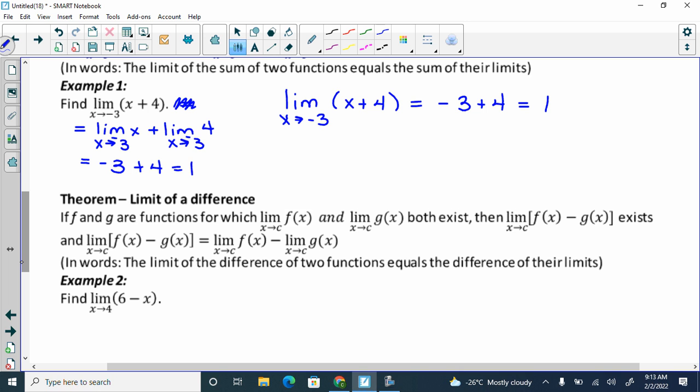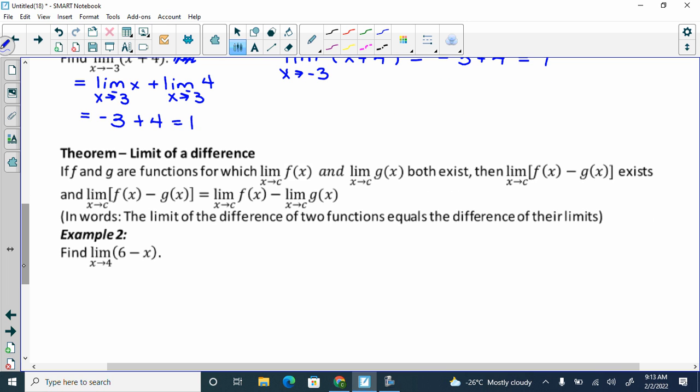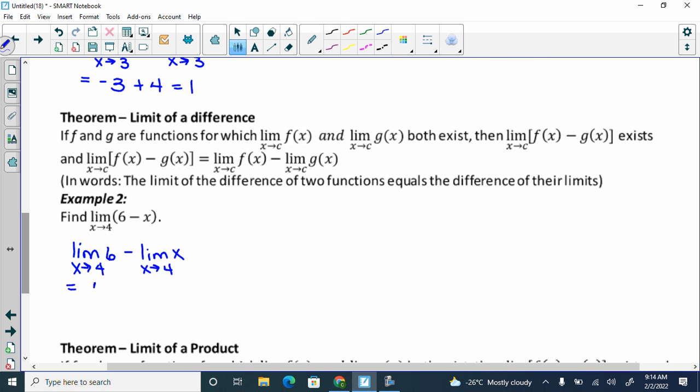What do you think is going to happen with a subtraction? You're going to subtract. So it's going to be the same thing. You could rewrite it as the limit as x approaches 4 of 6 minus the limit as x approaches 4 of x. You could split them up. So this would equal 6, and this would be minus 4, and we would get 2. Do we have to show it that way?